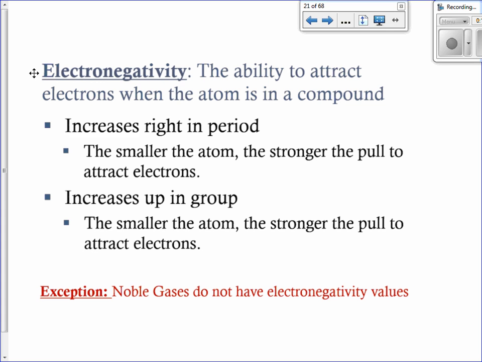Once again, you're a smaller atom, with more protons and less electron repulsion, so you're going to get a higher effective nuclear charge. Your exception is the noble gases because they do not have any electronegativity values. Why would they want to attract an electron when they're already stable? Exactly. So keep that in mind when you're talking about electronegativity.